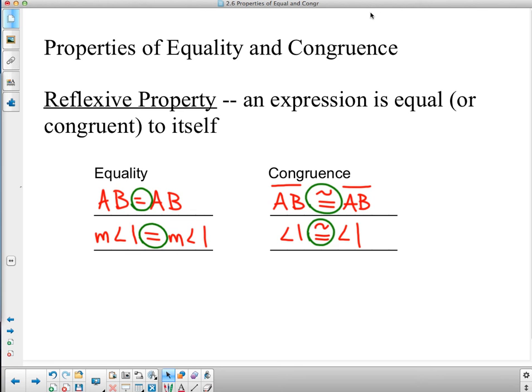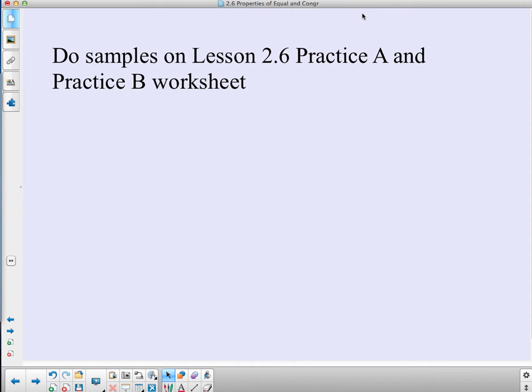Yep, so fix up your notes on the reflexive. We did kind of talk about it, not big, but it is something we should do. So maybe that'll direct some of the learners. Okay, on the practice worksheets, check to see that you did it right.